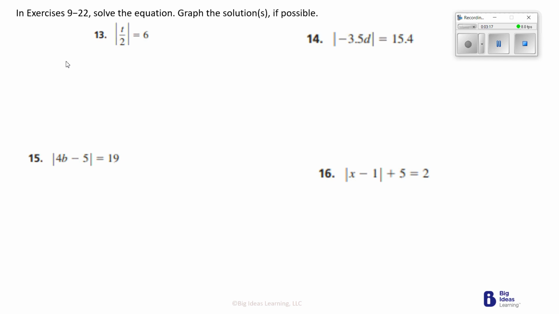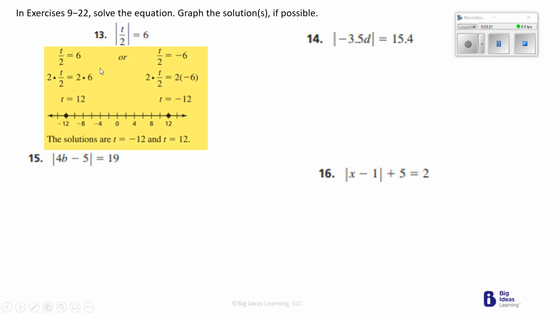So that means t over 2 could equal 6 or -6, right? If it's t over 2 equals 6, I would multiply both sides by 2, and t would equal 12. If it was t over 2 equals -6, then of course I would multiply by 2, and it would be -12. So the solutions could be -12 or 12.